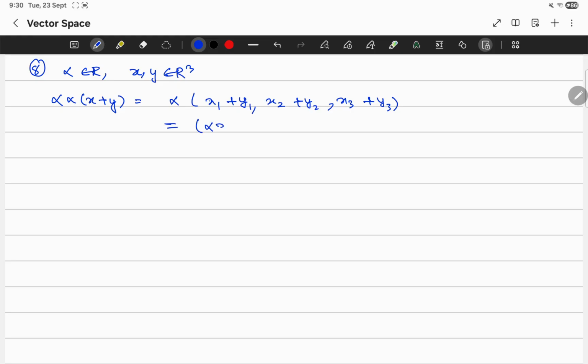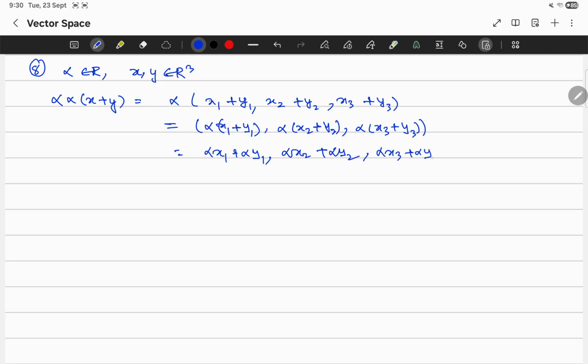It is equal to alpha times (x1 plus y1, x2 plus y2, x3 plus y3), which is equal to (alpha x1 plus alpha y1, alpha x2 plus alpha y2, alpha x3 plus alpha y3).